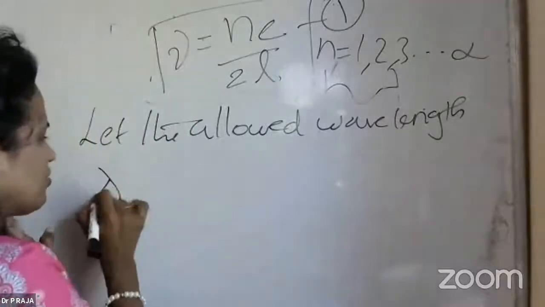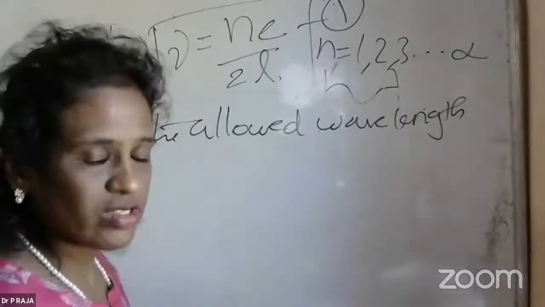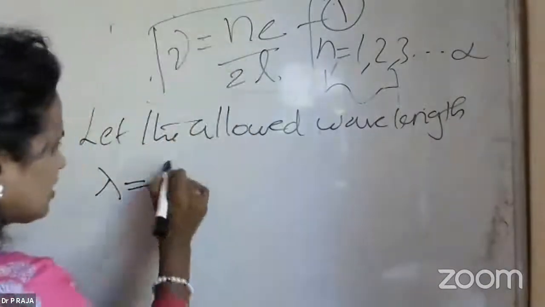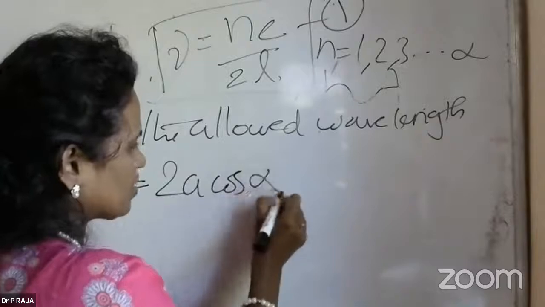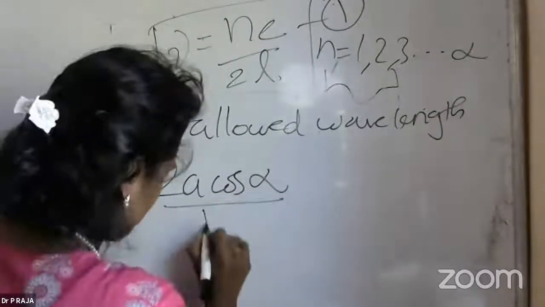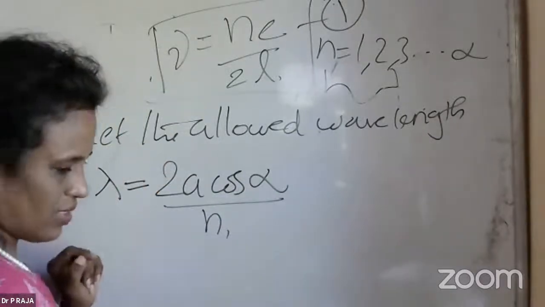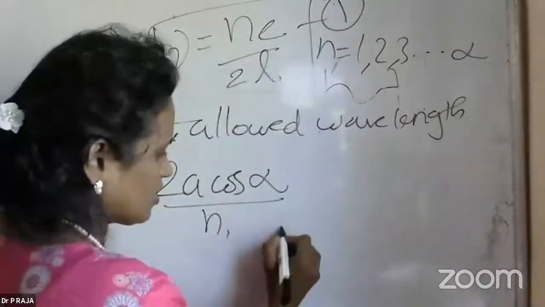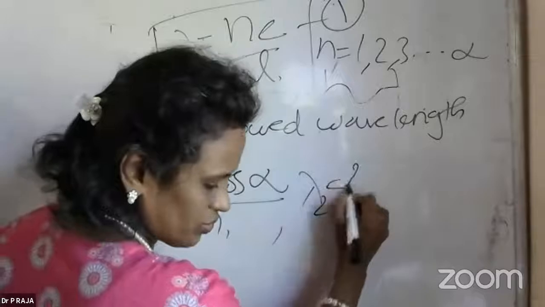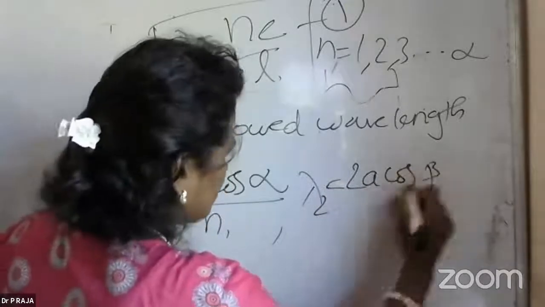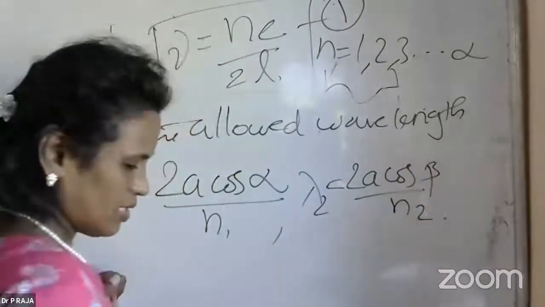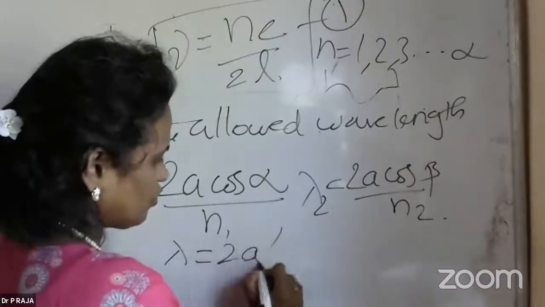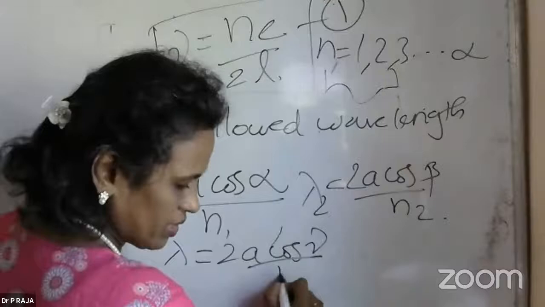Such waves which are traveling along the x direction with an angle alpha is given as lambda 1 equal to 2a cos alpha by n1. All those waves along the other directions are lambda 2 is equal to 2a cos beta by n2, and also lambda 3 is equal to 2a cos gamma by n3.